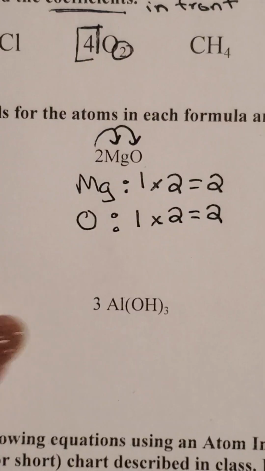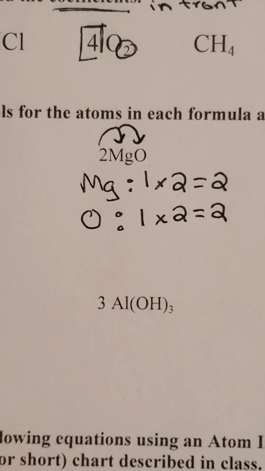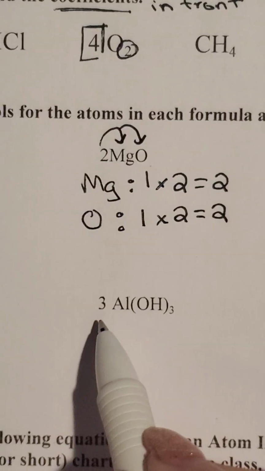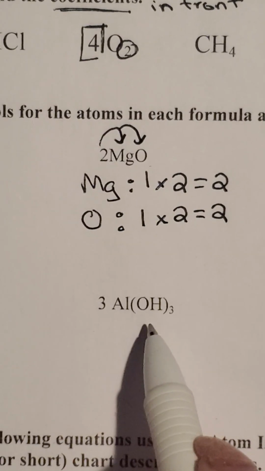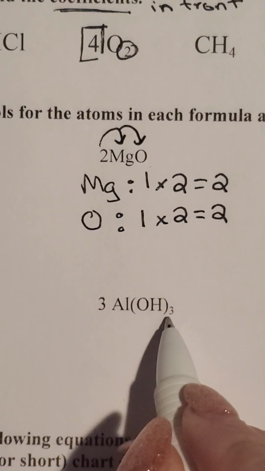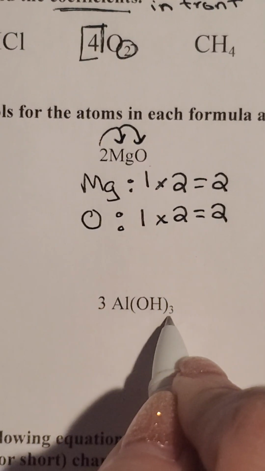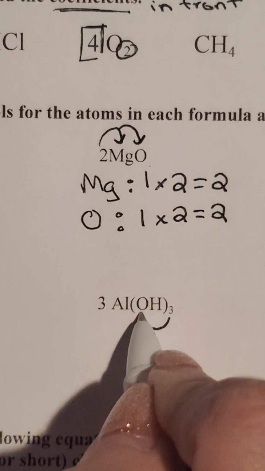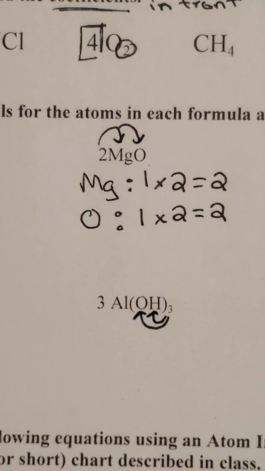Okay, now let's look at this one right below here, kind of a little bit of everything going on here. We've got a coefficient in front, and we've got a subscript and a set of parentheses. So this set of parentheses, think in math terms, means that the number outside the parentheses applies to what is inside of the parentheses.